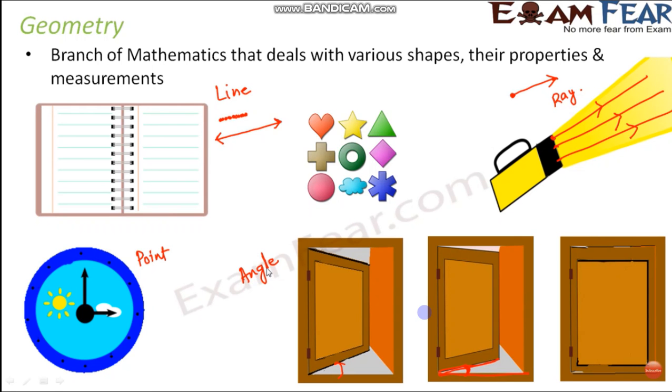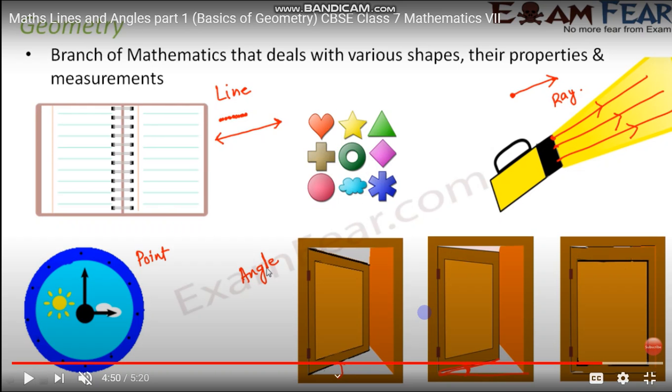So points, line segments, rays, these are the basic elements of geometry. We have already learned about them in class 6, so here we cannot spend much time on them. We will have a quick recap of these, and after that we will move on to different types of angles.